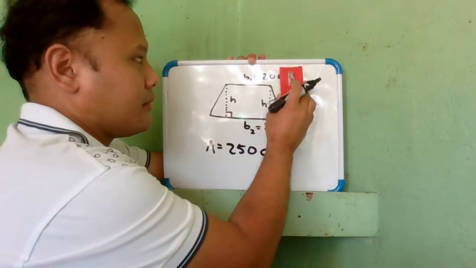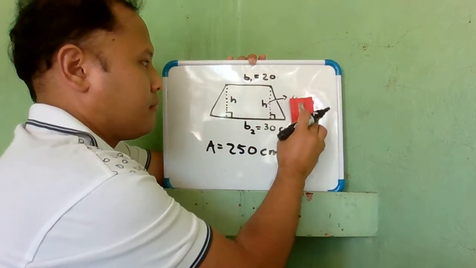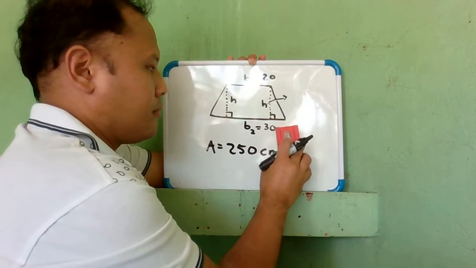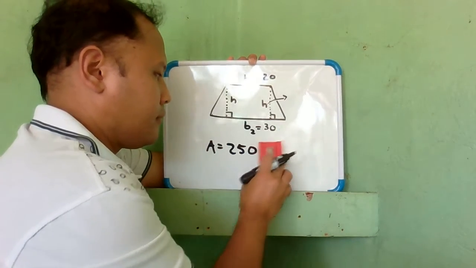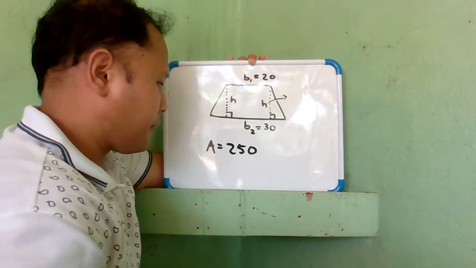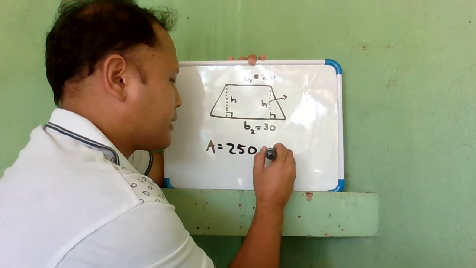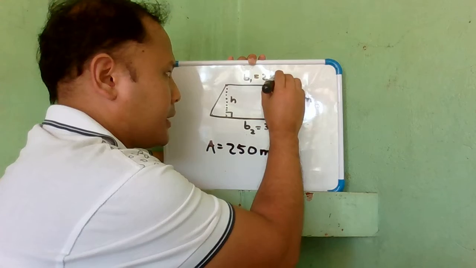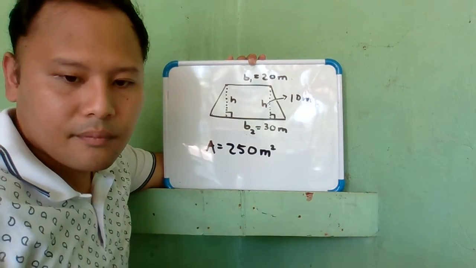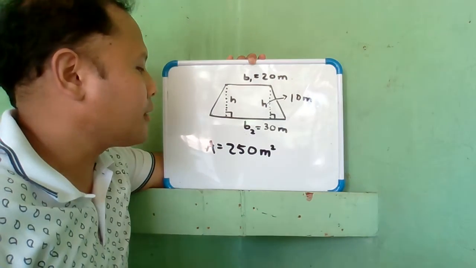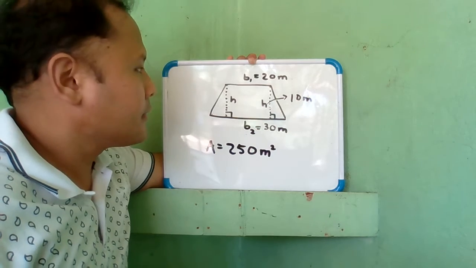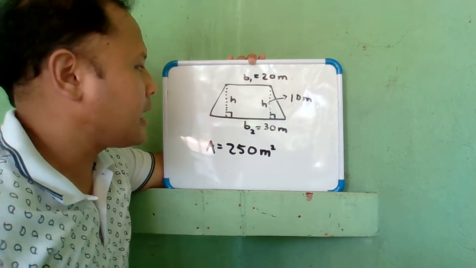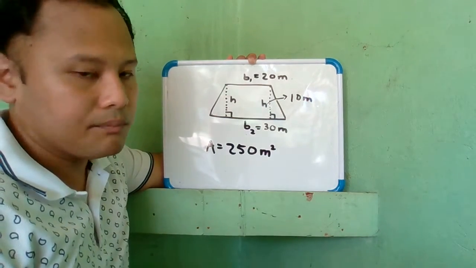If meters, the unit of the measurement for the area is square meters. So, that is how easy it is in computing the area of the trapezoid.